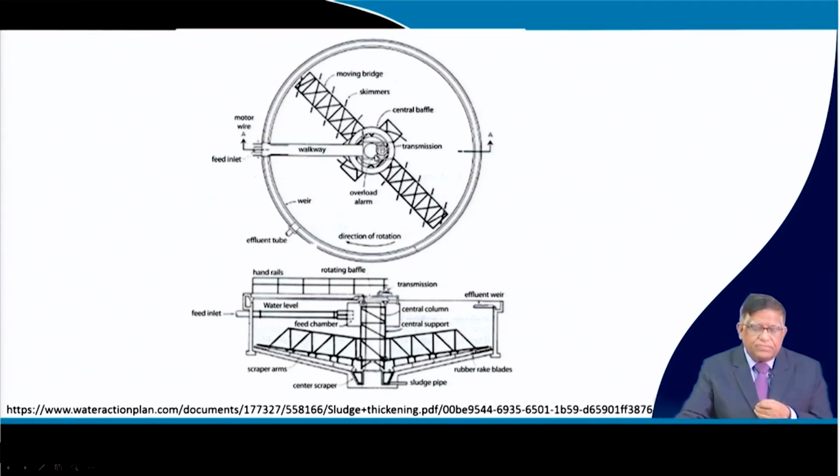Now, what are the various controls in this? If the tank gets filled up and touches the rake, that is not expected. So there you can have an overload alarm. You control the inlet, so that the feed coming in can be stopped.